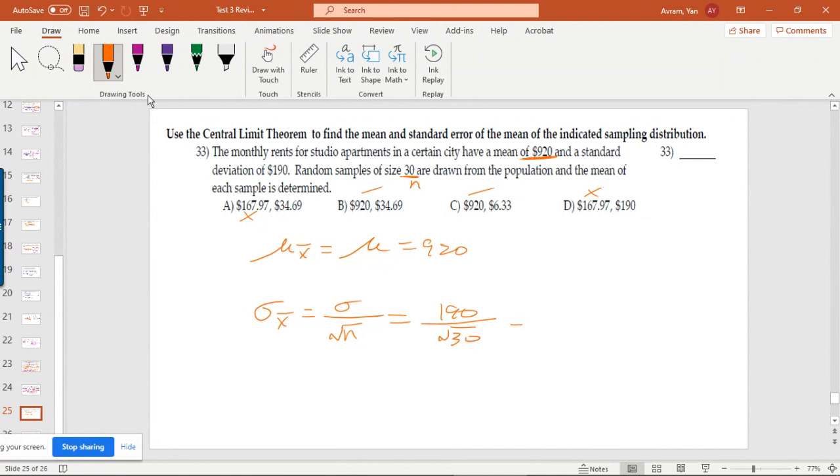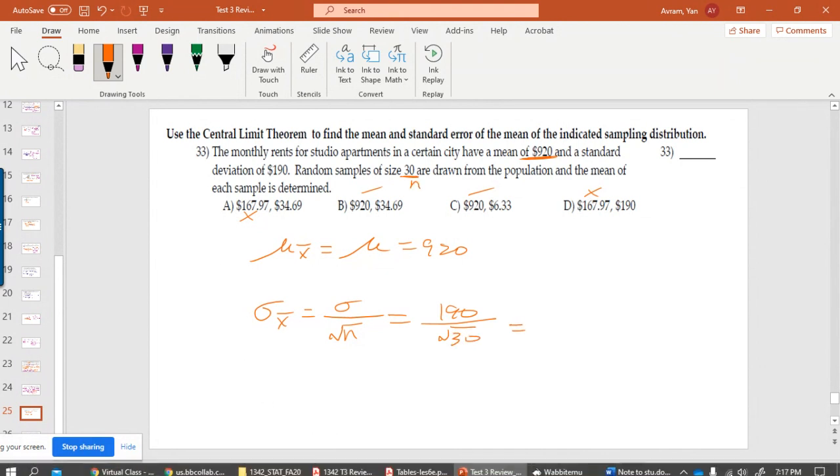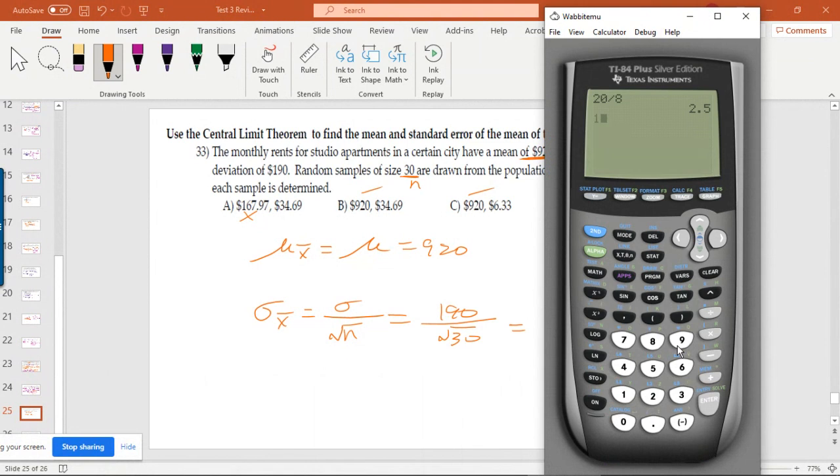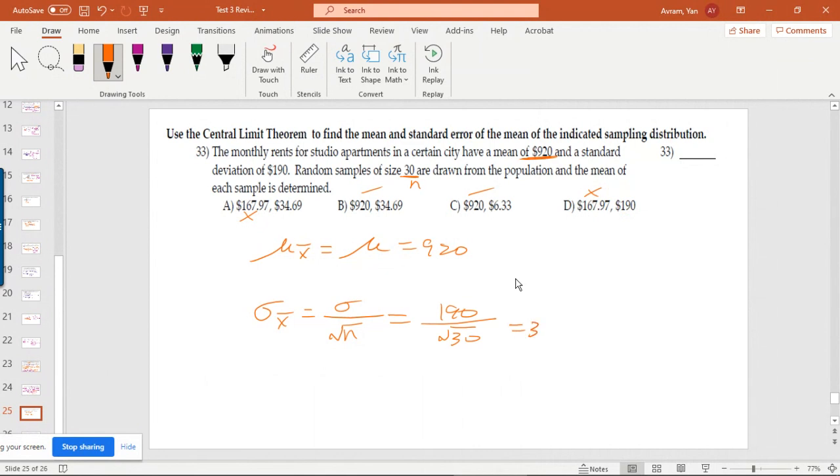So we go ahead and calculate: 190 divided by the square root of 30, which gives you 34.69, right? You round the third digit up. So this one is the incorrect one. All right, so that is using the central limit theorem.